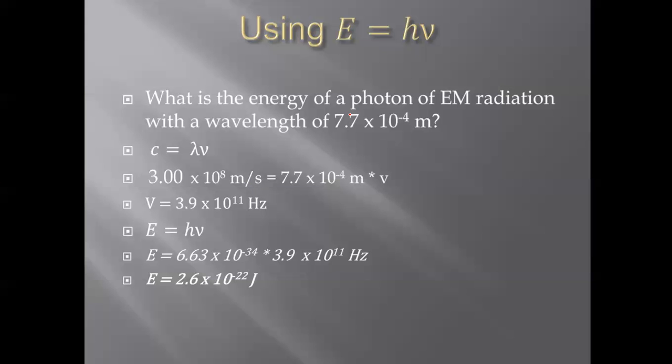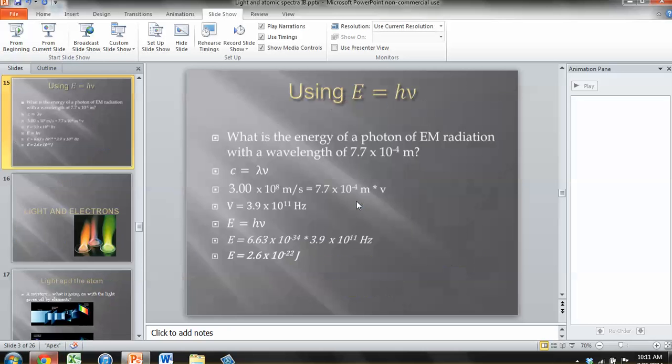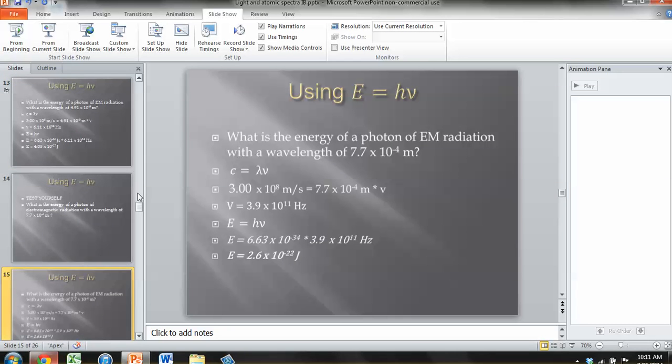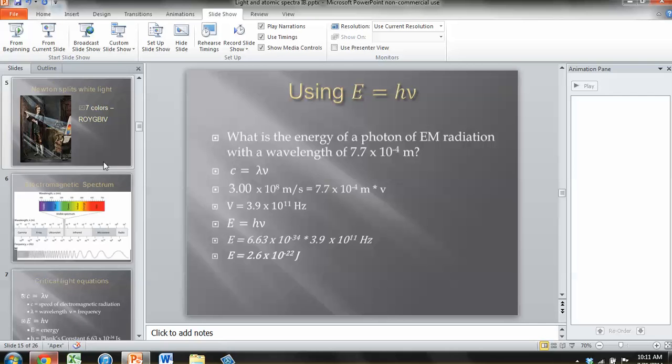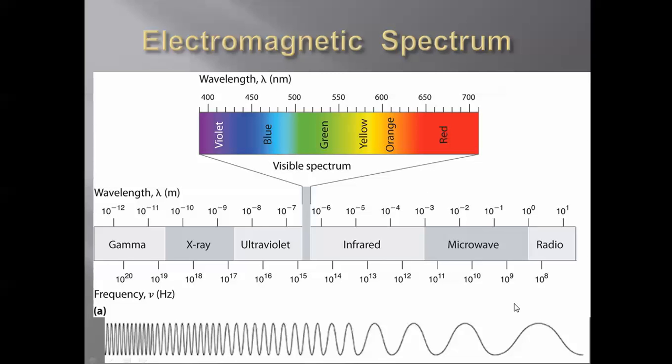In fact, if we look at that wavelength, and just for kicks, we're going to go back and look at this electromagnetic spectrum again. So we can tell, here's our wavelengths on the top, this must be in the infrared range. So that particular photon that we were just looking at would not be something that would be visible to humans.